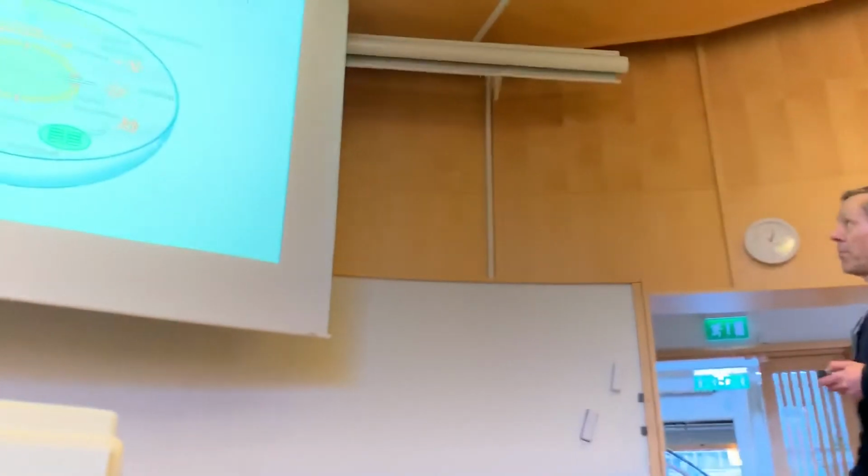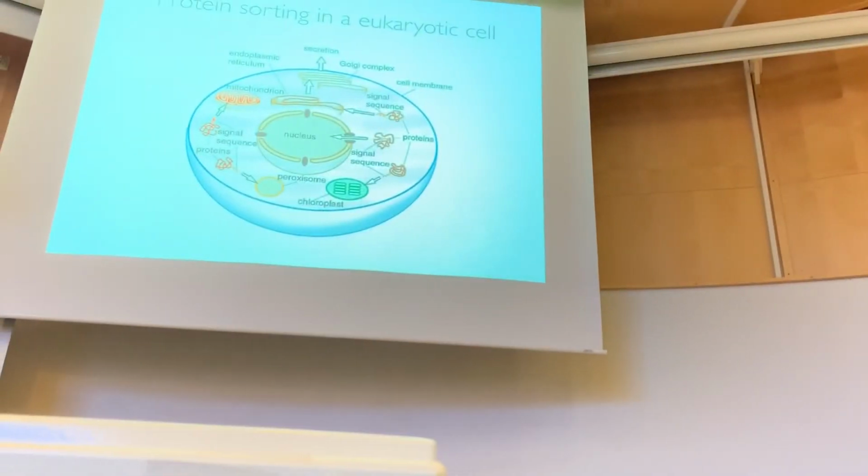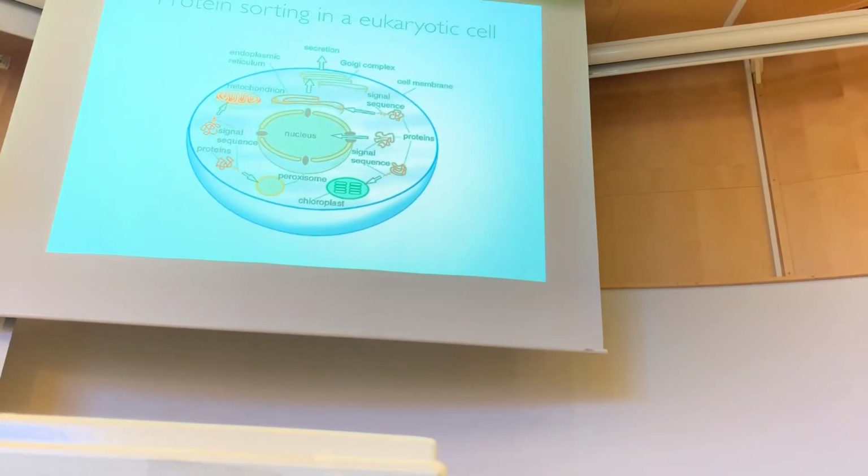So protein sorting. If you have basic cell biology, I'm sure you have seen pictures such as this one, that basically make the point that although almost all proteins are synthesized on cytosolic ribosomes in the cytosol, they all end up in different locations. Some of them, of course, remain in the cytosol, but many are secreted from the cell, for instance. In eukaryotic cells, this is a rather convoluted secretory pathway that starts at the endoplasmic reticulum.